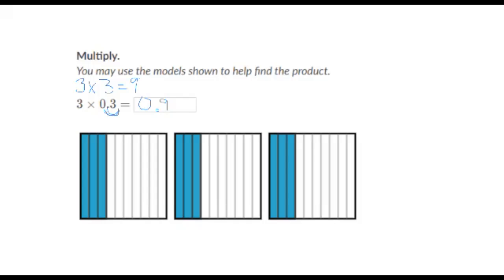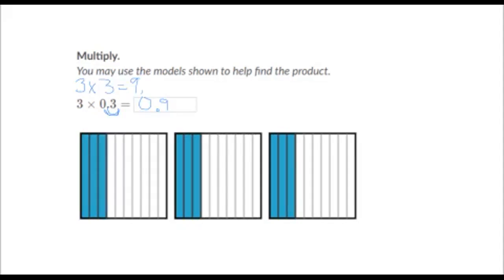So if you do 3 times 3 and then you move the decimal over one spot to the left, you would get 9/10. So this is a strategy for when you don't have a model or you don't want to draw a model. So our ultimate goal is to not use models. Is you just multiply the numbers and then move the decimal over the number of decimal spots there are.